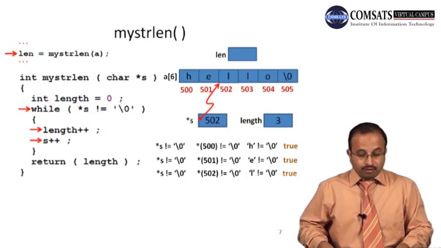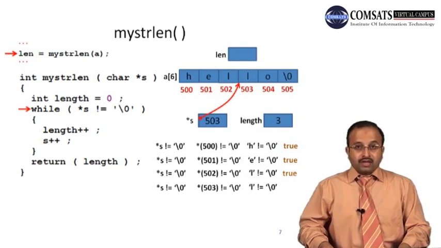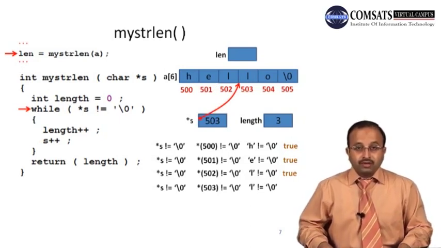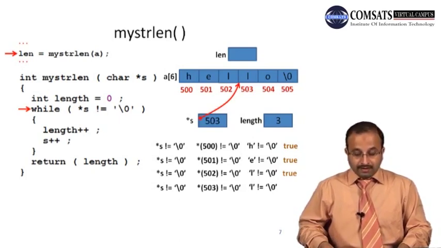Then you increment the s pointer, and now it points to the next memory location. Then you again check the loop condition, and this time you check star 503 is not equal to null, and star 503 means the value at address 503, and that value is L again. So L not equal to null, this condition is true.